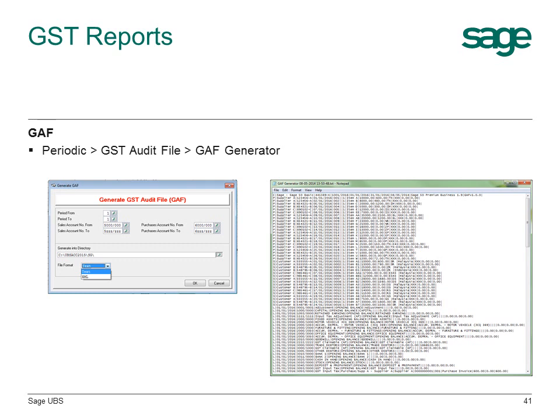GST audit file is one of the mandatory reports that is required under the GST ruling and need to be produced and submitted upon request from JKDM when they conduct periodic audits to ensure tax returns are being prepared correctly.